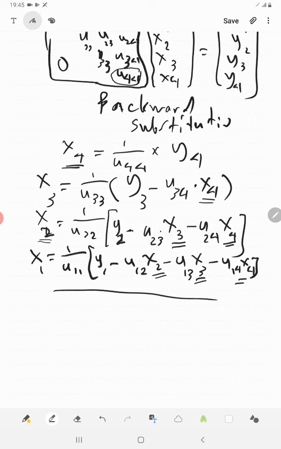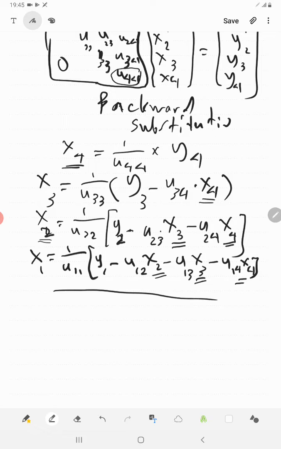Then when we come to forward substitution, we first assume that Y is a column vector of 4 elements, with 0 values, and we will find by substitution first element 1, Y1, then Y2, then Y3, then Y4.